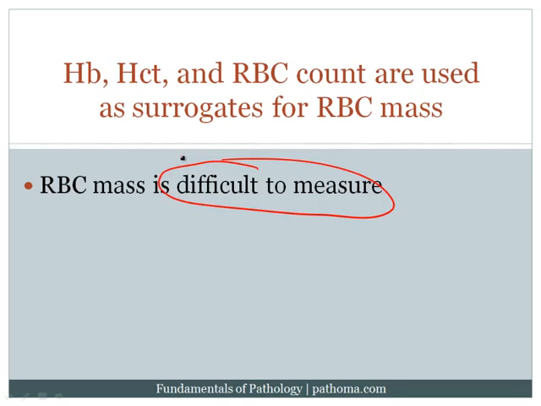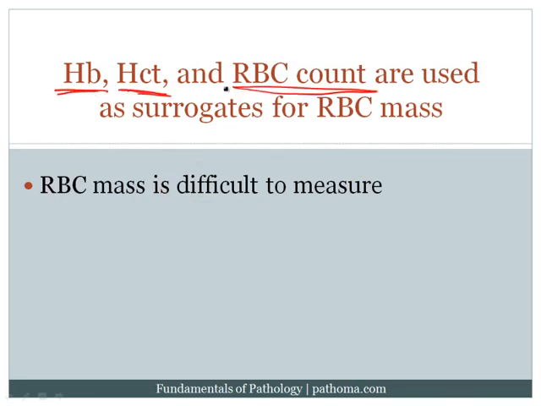So instead of measuring red blood cell mass, we use some surrogate markers. And these surrogate markers help us to make an effort to determine exactly what the patient's red blood cell mass might be. The three key laboratory studies that are used are hemoglobin, hematocrit, and the red blood cell count.